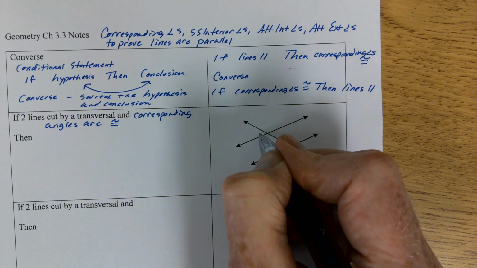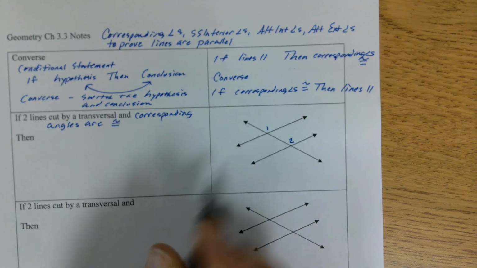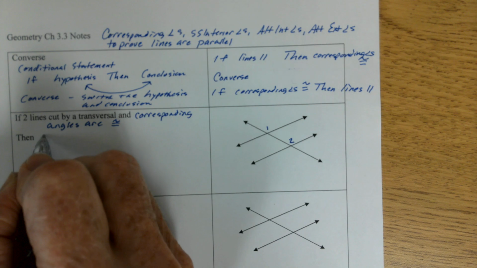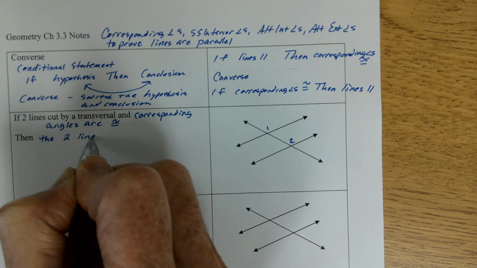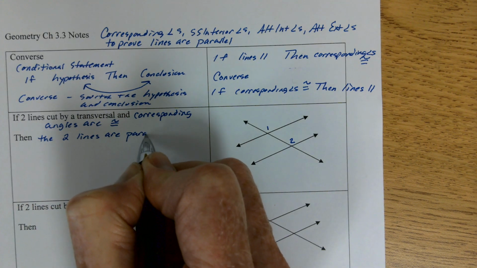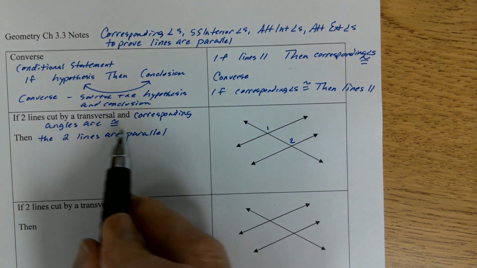We're going to say that corresponding angles are congruent. We'll say angles 1 and 2 are congruent. If angles 1 and 2 are congruent, then the two lines are parallel. Okay? That's how we write it in words.